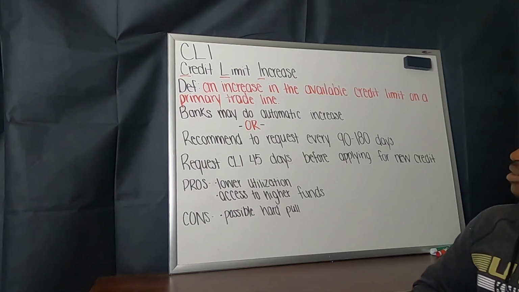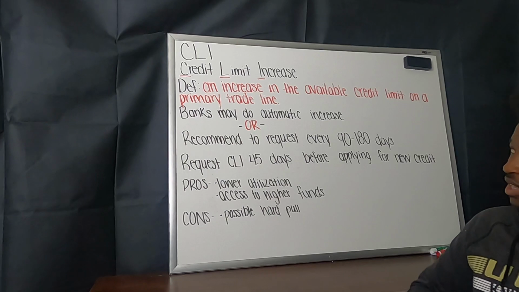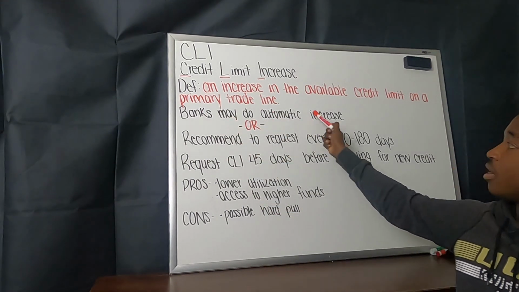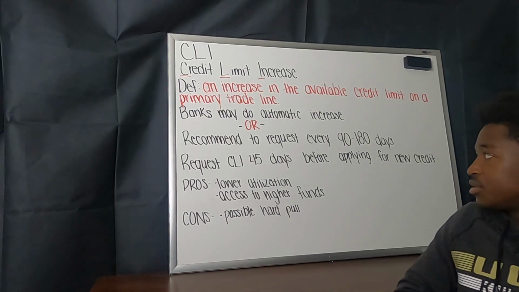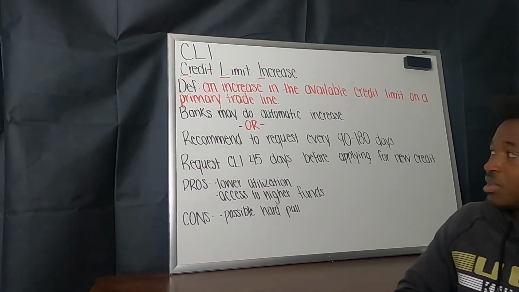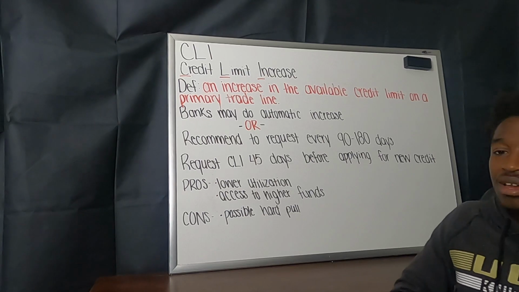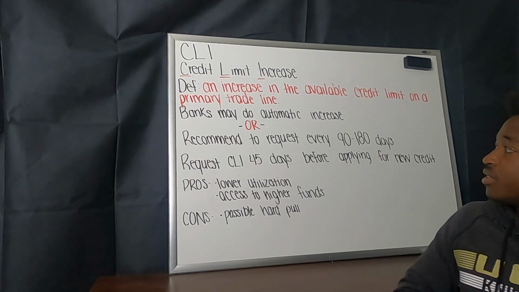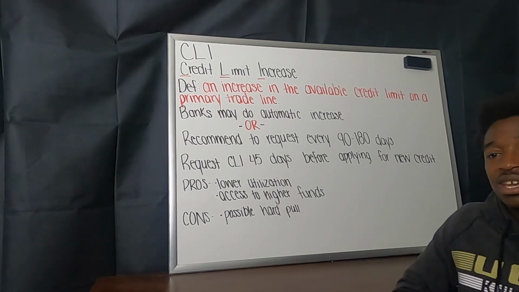So the ways that you can get a credit limit increase, or when this can occur: your bank may do automatic increases. Some banks may do a monthly review of your account. Some banks it may be quarterly. Some banks it may be biannually. Some banks it may be annually. And they'll review your account and see if you're eligible for an increase.